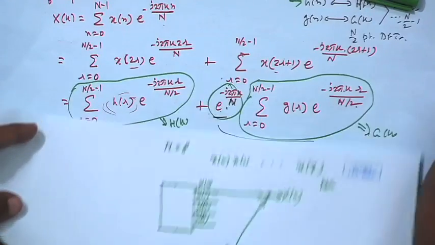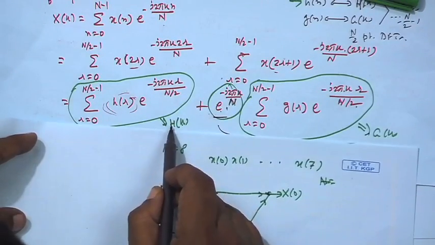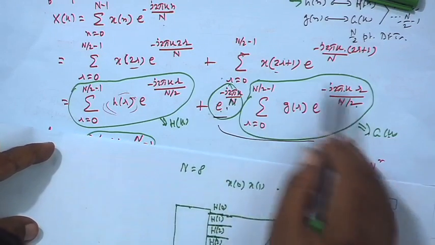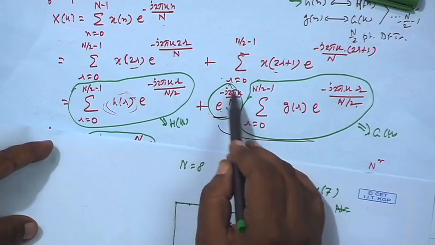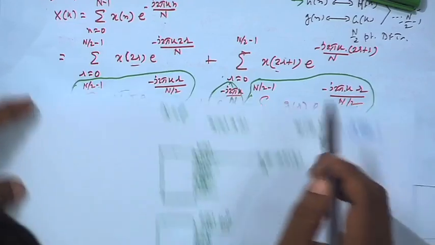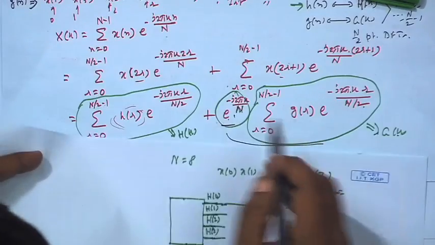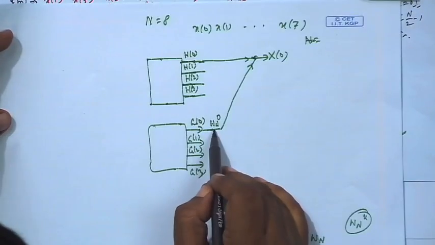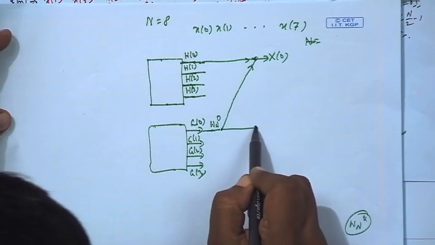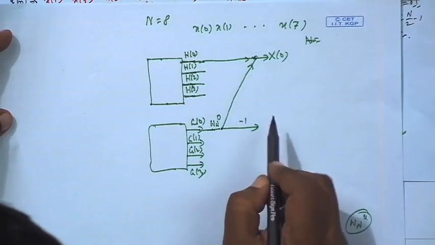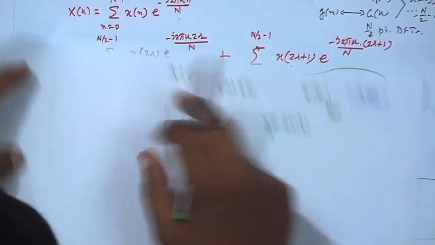So, therefore, same h 0 and same g 0, but g 0 now will be multiplied by the same constant, but after that a minus sign, so it will be subtracted. It will be multiplied by minus 1 and then added with the same h 0.